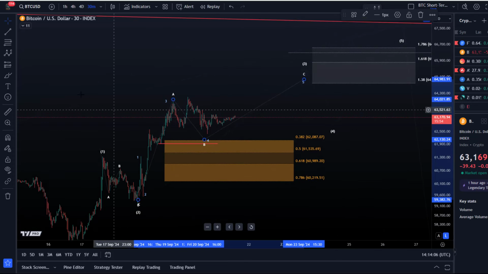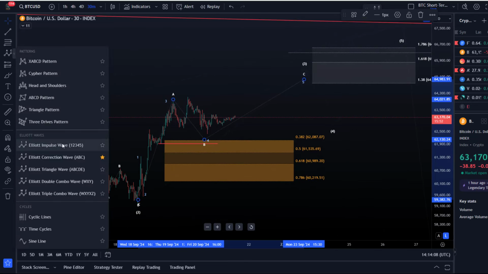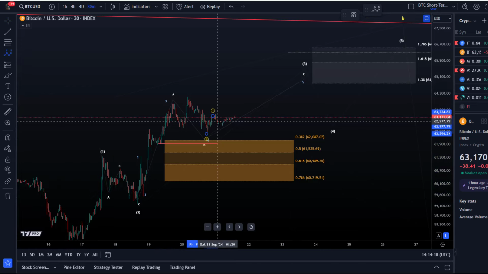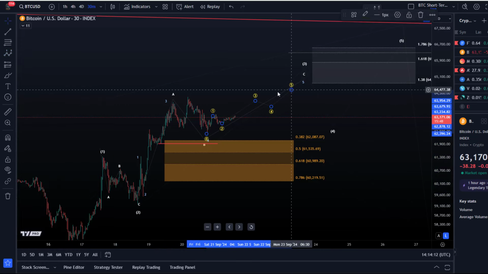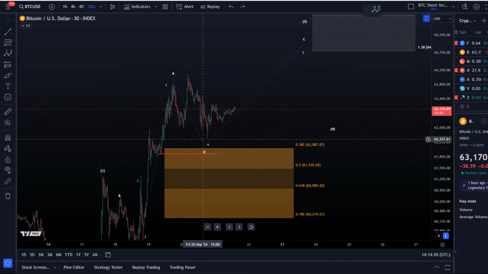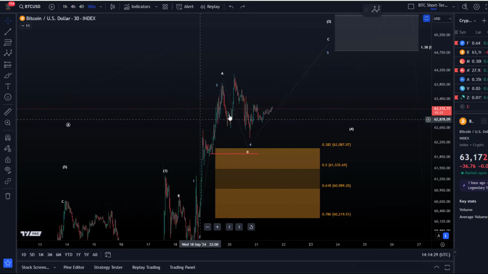So that's possible. Then this move up would already be unfolding as 1, 2, 3, 4, 5. But there's absolutely no evidence for it. It's possible, but there's just not the upside momentum. Also, the last rally is a 3-wave move. Had this been a micro 5-wave pattern, maybe.